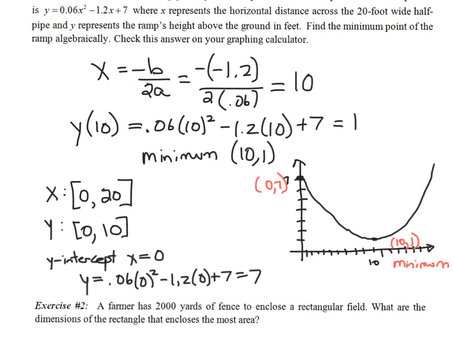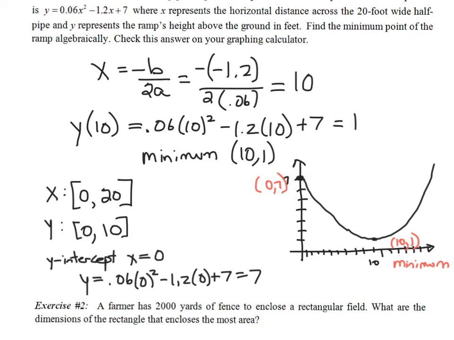Take a look at our graph. So your graph on your calculator should match what we're drawing on our paper and our notes. So first of all, I've labeled my minimum point at the point 10, 1, and I've specified that it's a minimum point. The other thing I went back to do is to find the y-intercept of this graph, because when I looked at my graph, I wanted to see where the ramp began.